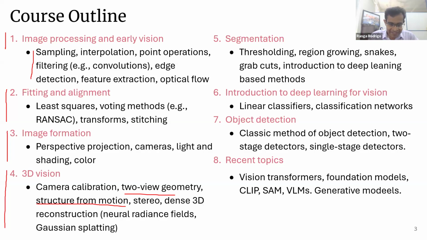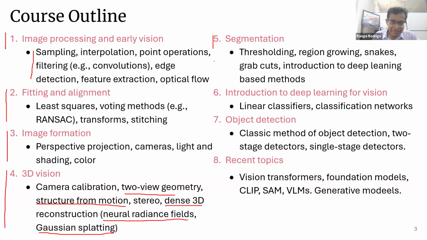But these 3D reconstructions are just point sets. They are not dense reconstructions. It is possible to make a dense reconstruction using new techniques called neural radiance fields. We call them NeRFs. This was discovered in 2020, and then so-called 3D Gaussian splatting, which was discovered in 2023. So very new techniques. We will go through these techniques also.